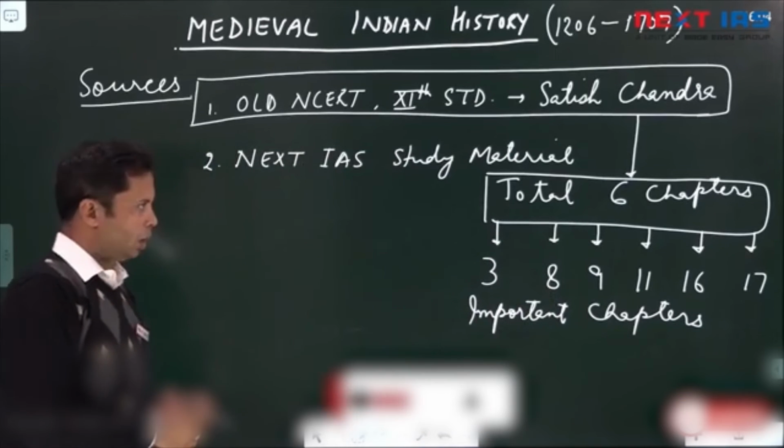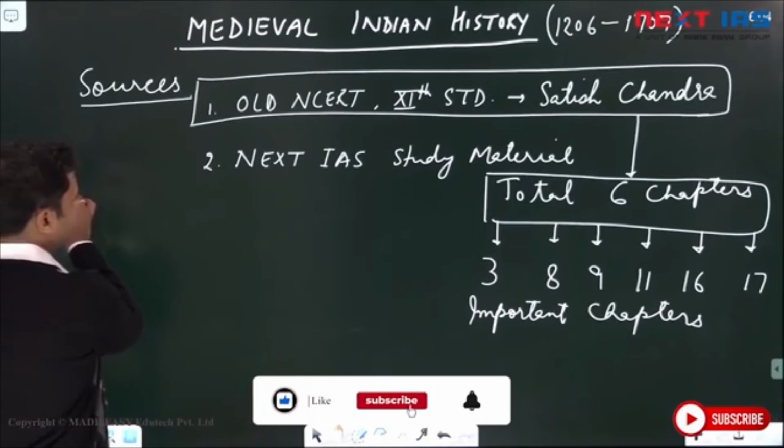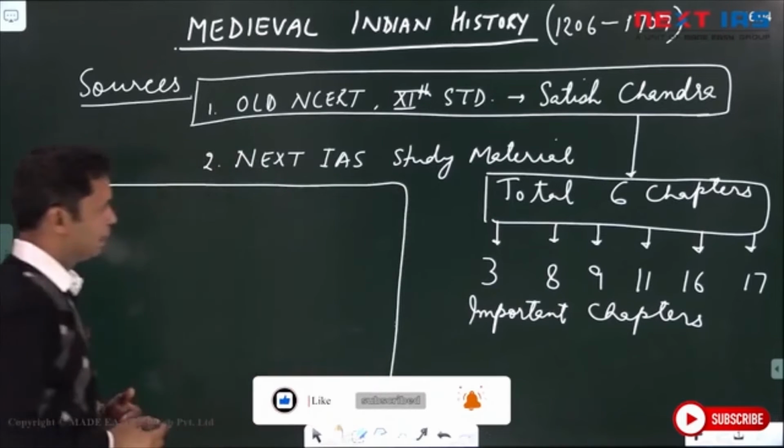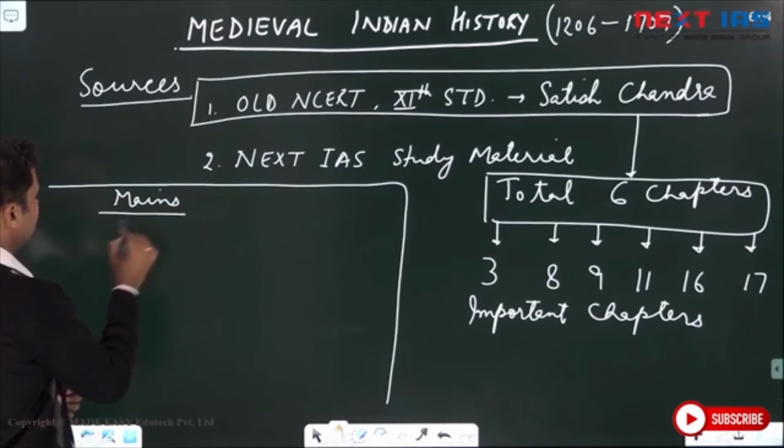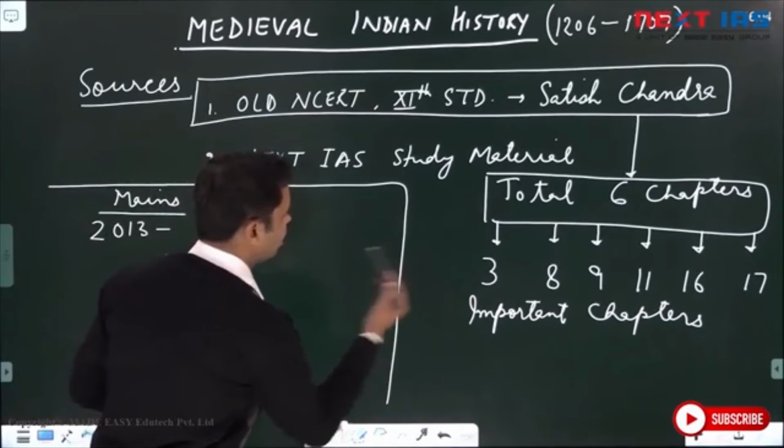And in order to give you a much better clarity for the mains. You see, in the mains 2013, there was a question which can be answered by reading chapter 3.